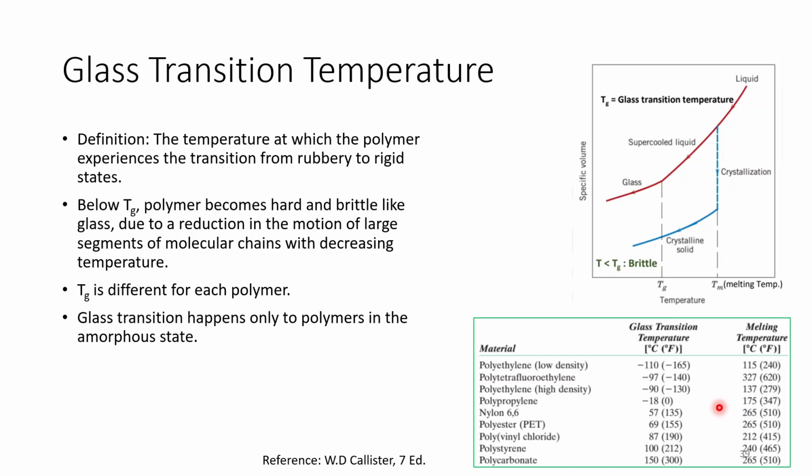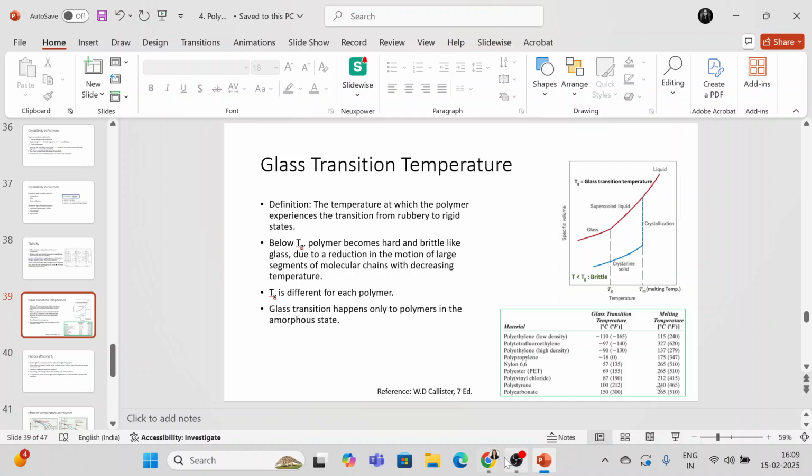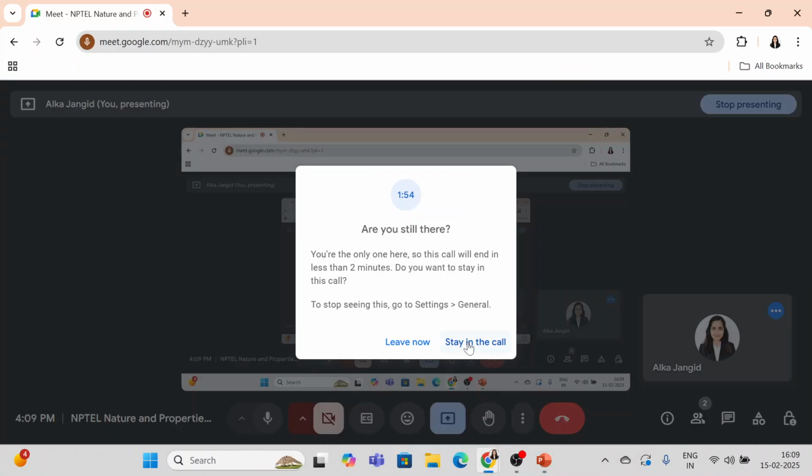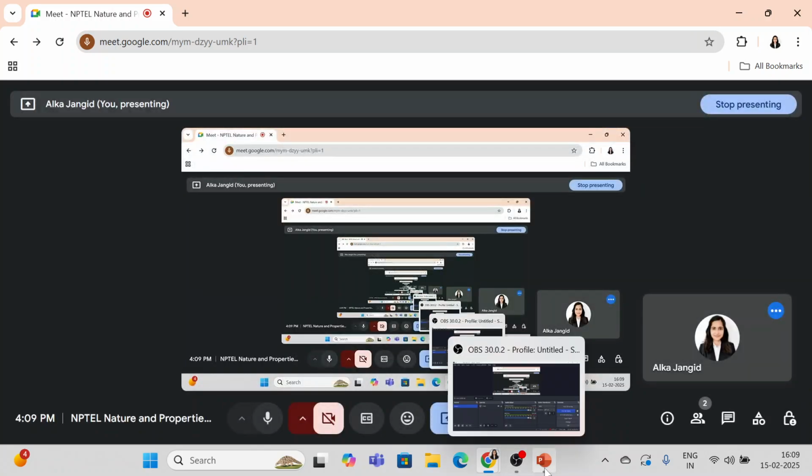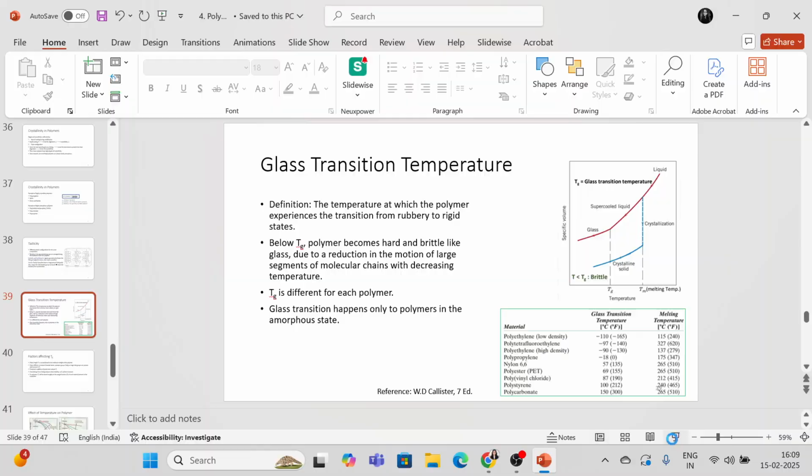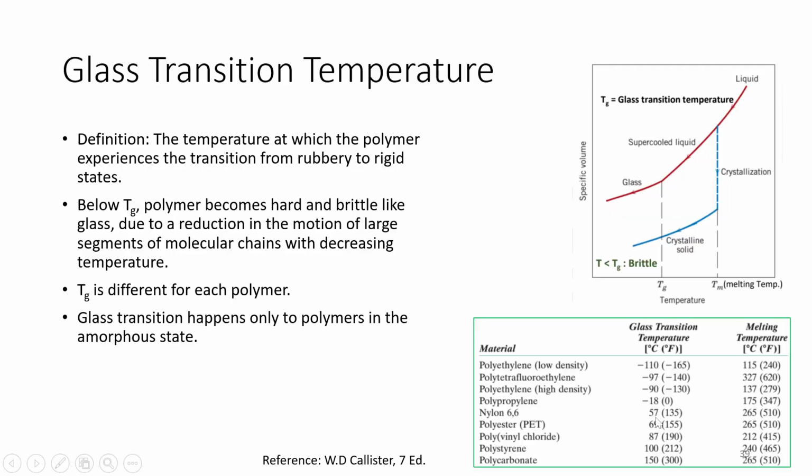For polyester PET, you have 69 degrees Celsius as the glass transition temperature and 265 degrees Celsius is the melting temperature.